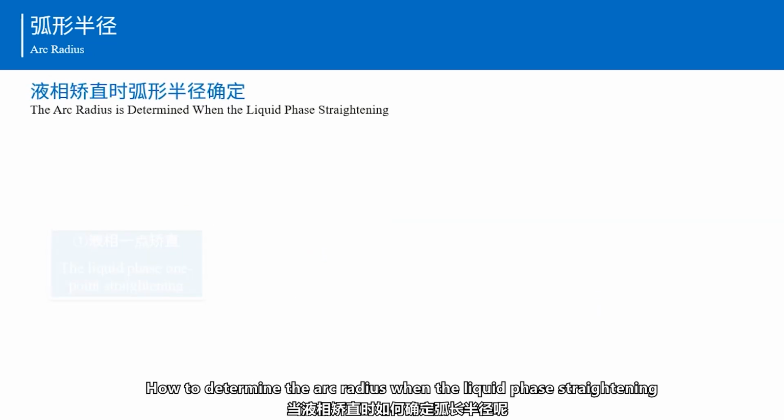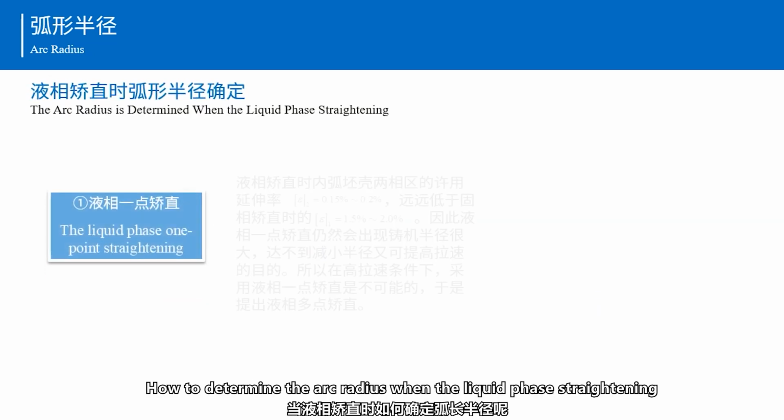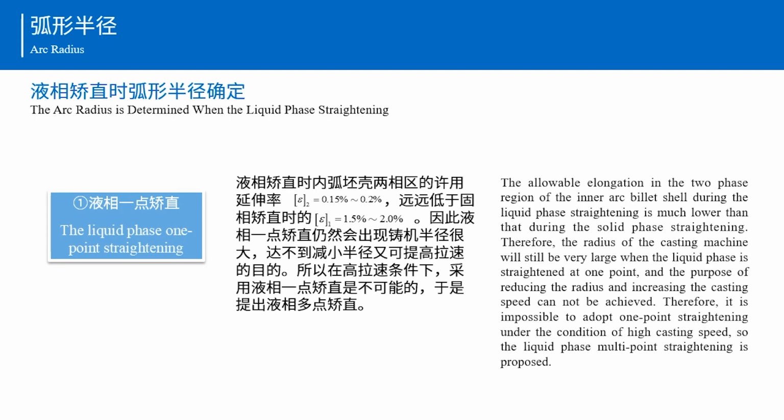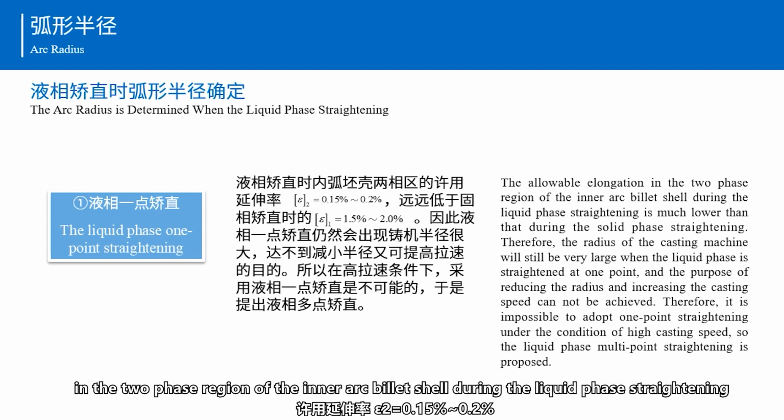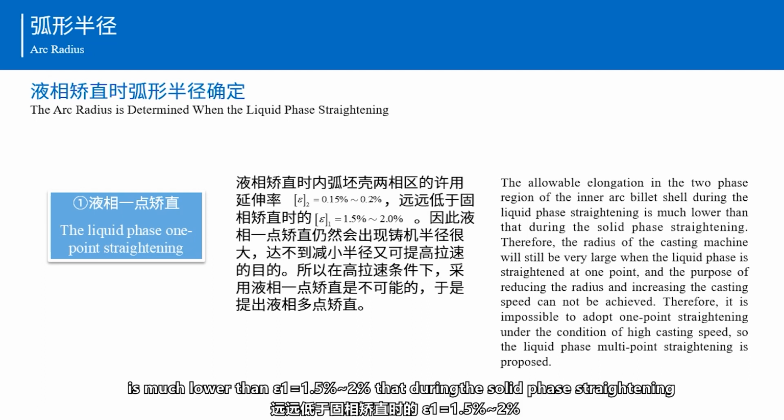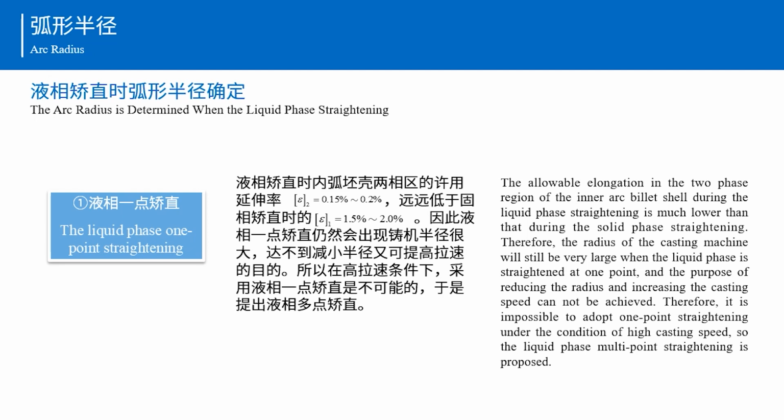How to determine the arc radius in liquid phase straightening? The allowable elongation ε2 is equal to 0.15% to 0.2%. In the two-phase region of the inner arc liquid cell during liquid phase straightening, it is much lower than ε1, which is 1.5% to 2% in solid phase straightening.